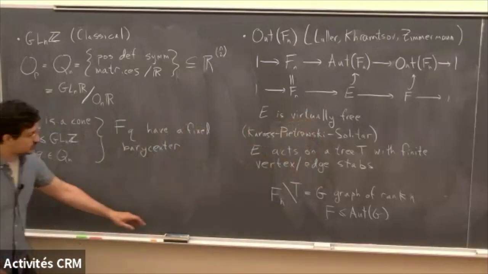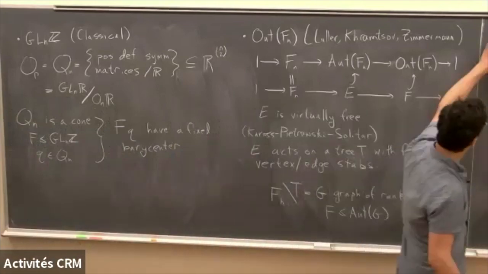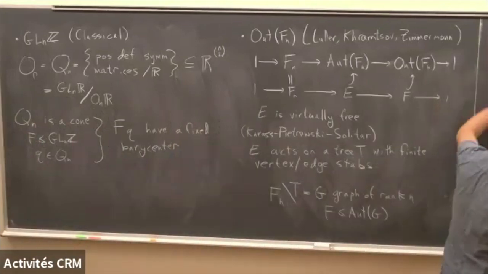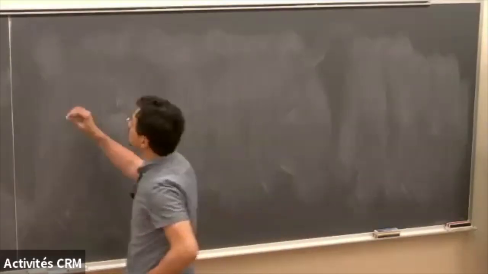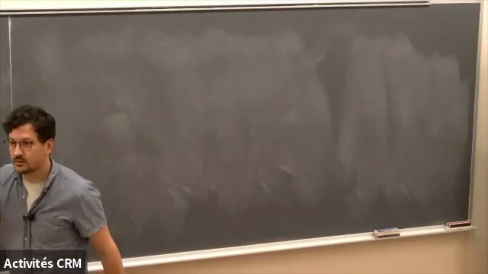Okay, so let me remind you what the untwisted automorphisms of the right-angled Artin group are. Yeah. Sorry? Oh, I was thinking, yeah, I guess so.